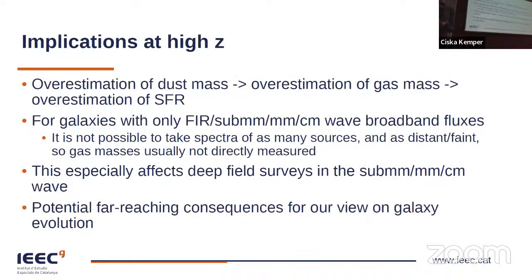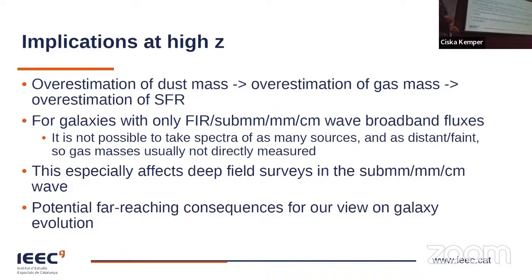Now, what would be the implications of this, especially at higher redshift, where you have galaxies where you can only measure far infrared, submillimeter, millimeter, centimeter wave broadband fluxes because it just takes too much time to do other things? So this is in particular deep field surveys and so on at these wavelengths.